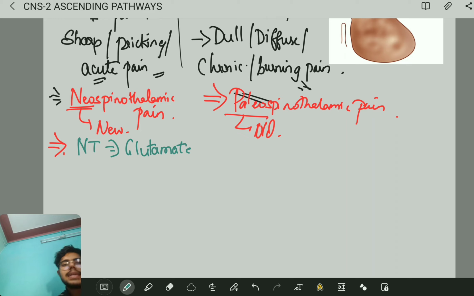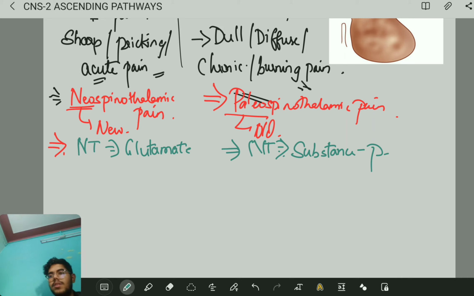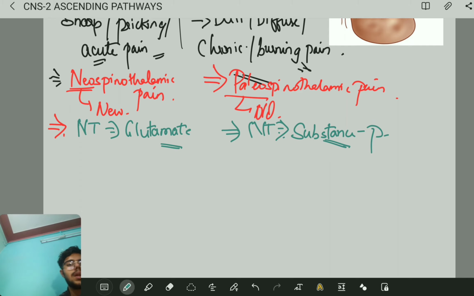Apart from that, in C fibers, we also have a neurotransmitter called substance P. So here we have glutamate, and in the C fibers we have substance P. That's it. Understand? Okay. So now let us look at the pathway.